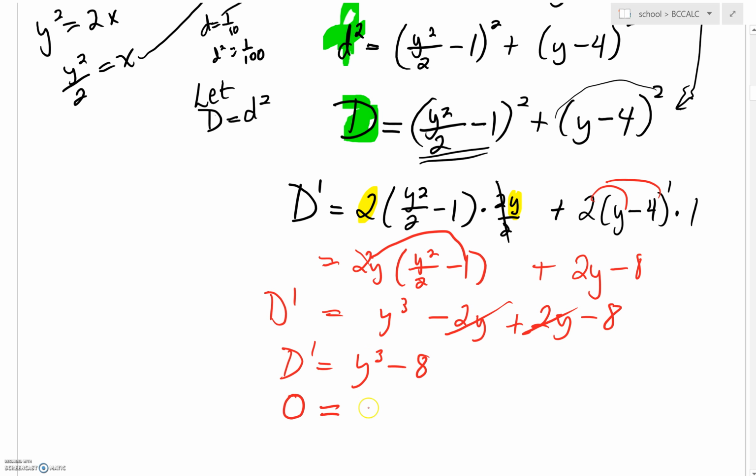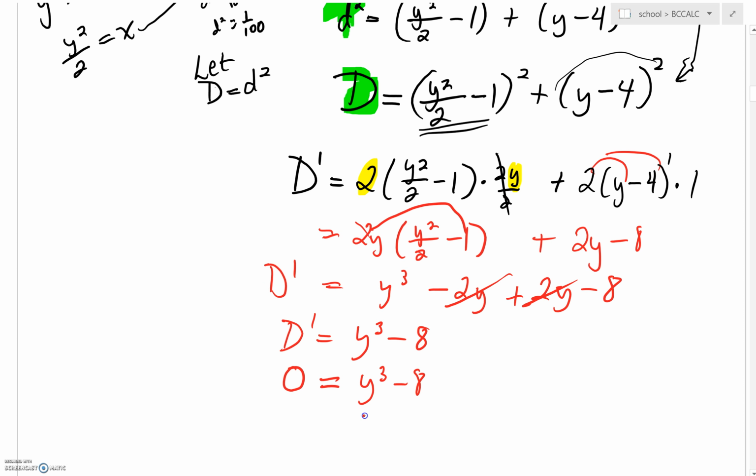And when we're optimizing, we're going to find our critical numbers. We'd like to know when the derivative is 0 or when it's undefined. It's not going to take you too long to take a cube root and to see that y would equal 2. There's only one critical number at play. So I'm going to do a number line test, just like we were doing with the first derivative.